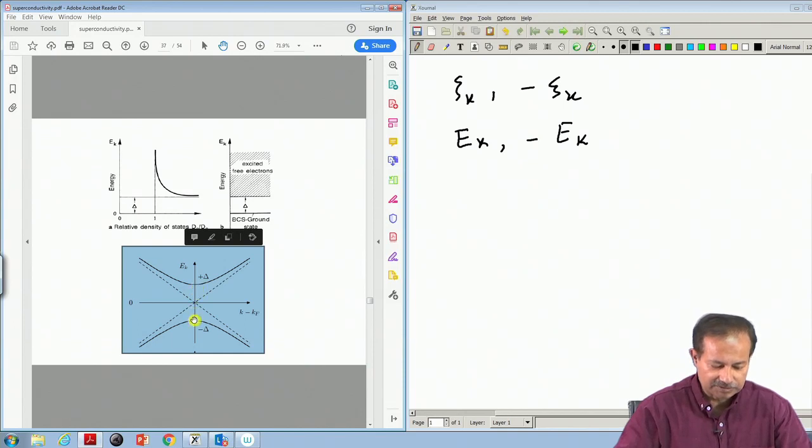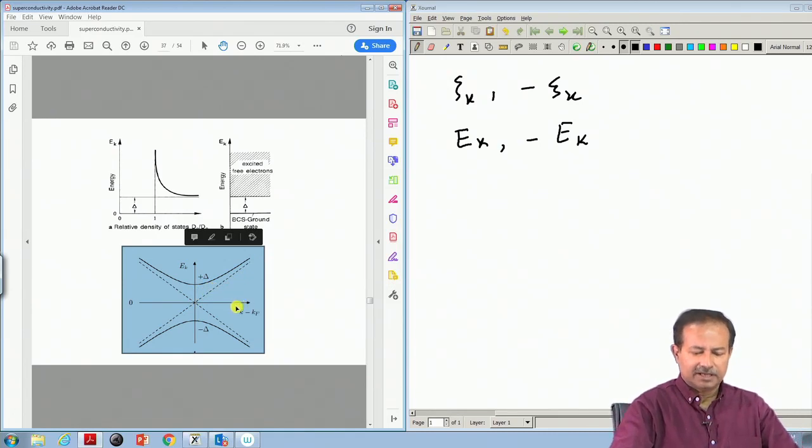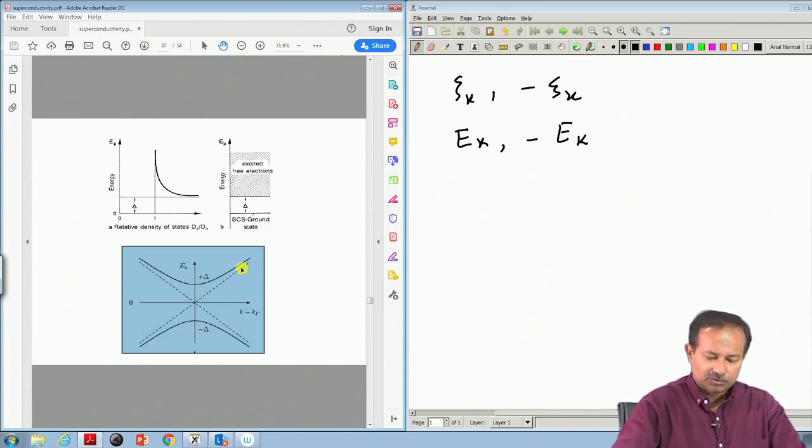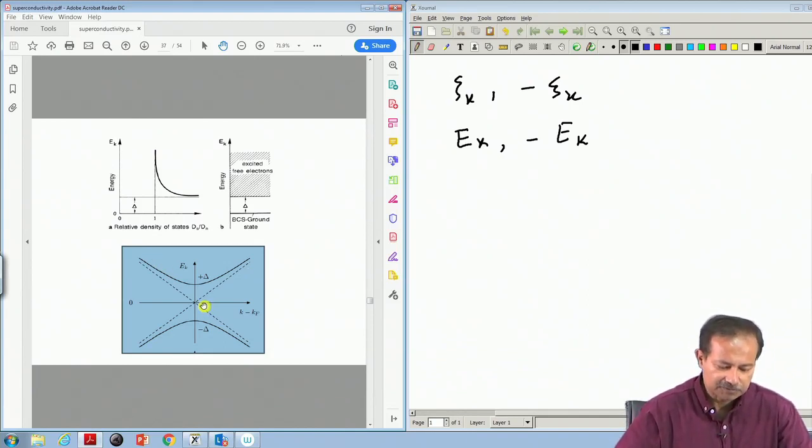The minimum is this delta, and as k becomes larger and larger, epsilon k becomes large compared to delta, and you asymptotically go back to the original spectrum. What happened is that the particle and hole states hybridized, and they form this new excitation, so the original dashed spectrum has now changed to the solid line.